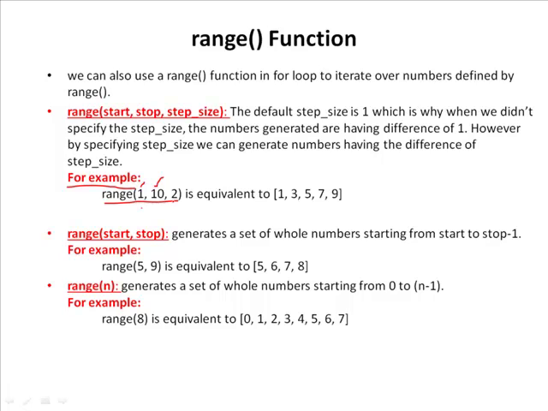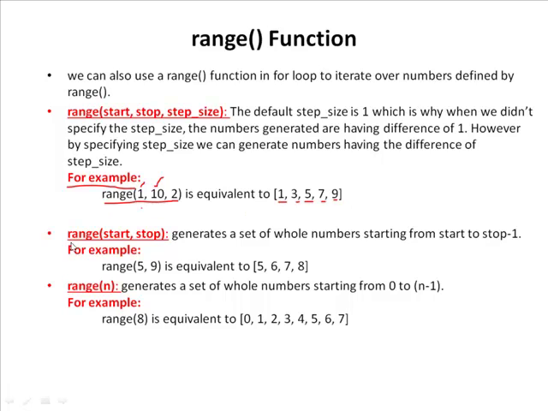That means in every iteration the value will increase by 2. First it will generate the value 1, then step value is 2, that means 1 plus 2 is 3, then 3 plus 2 is 5, 5 plus 2 is 7, 7 plus 2 is 9. Here the stop value is 10, so it will generate from 1 to 9 only.